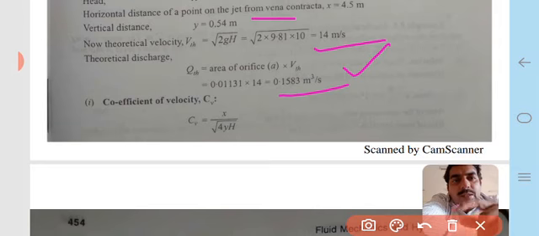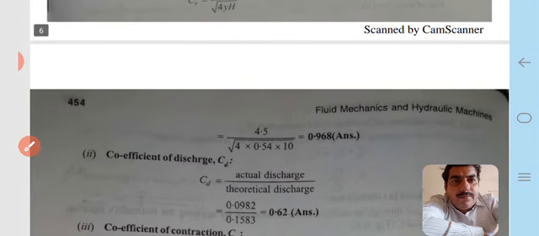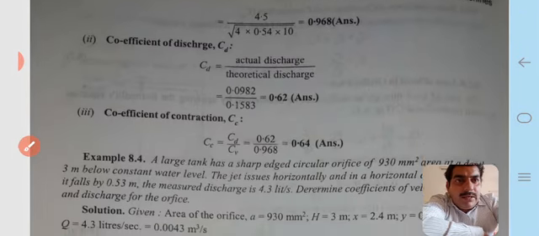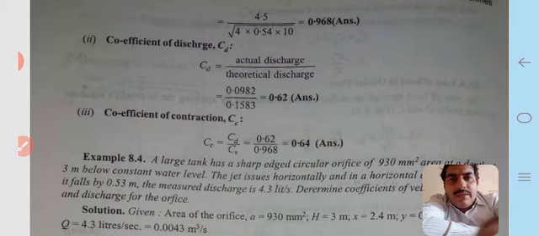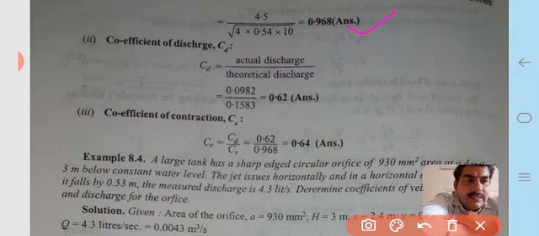Now therefore coefficient of velocity is to be how much? That is Cv is equal to x upon under root 4y capital H. This is the coefficient of velocity, and now putting all these values, we calculate the coefficient of velocity as 0.968.